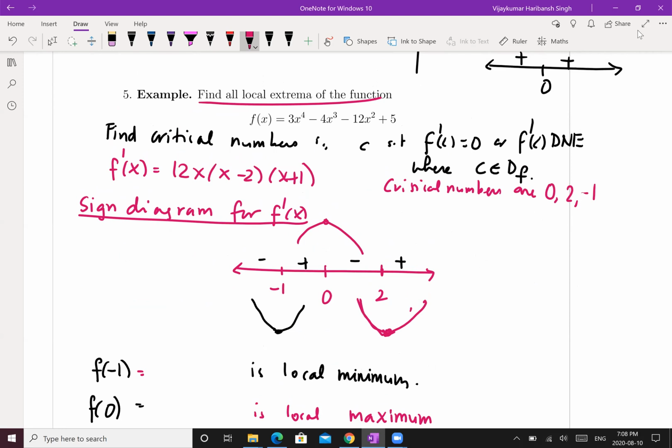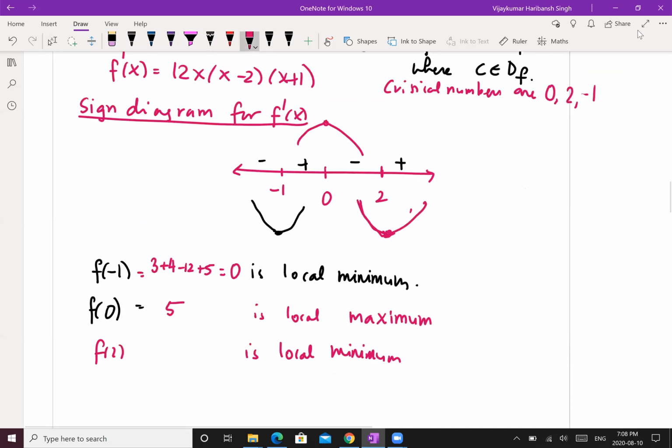So 3 plus 4 minus 12 plus 5 is going to be 0. f of 0 is 5 and f of 2 is -27.